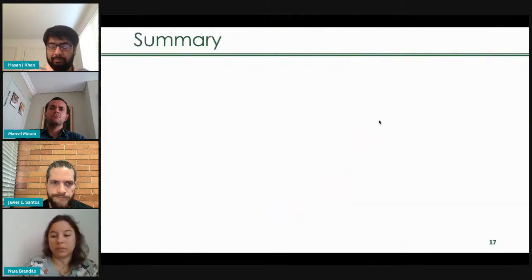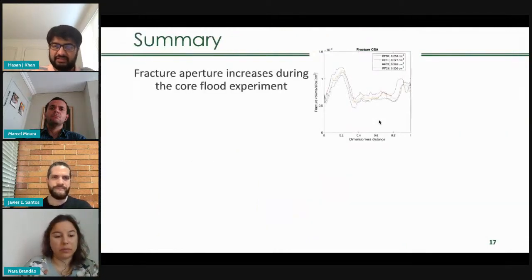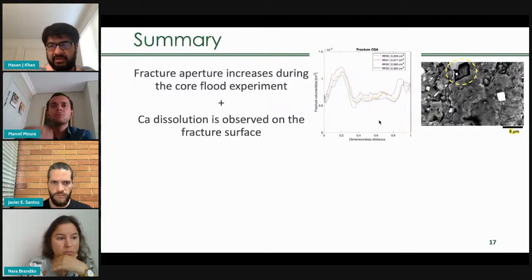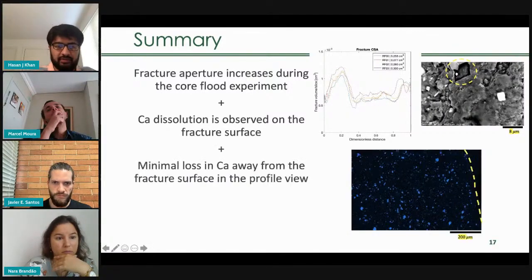So combining the results that we have seen, we see three major results. Firstly, the fracture aperture increases during the core flood experiment by as much as 16%. Secondly, we see evidence of calcium dissolution on the fracture surface based on the elemental maps, as well as examples of dissolution patterns, such as a dolomite rhomb being completely dissolved.